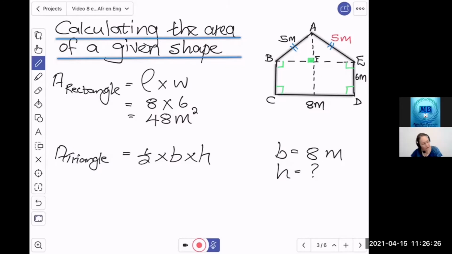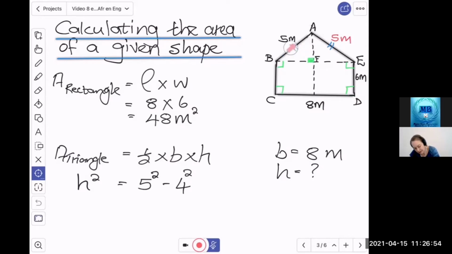So we are going to say that the height squared is equal to the hypotenuse squared minus this adjacent side, which has a length of 4 meters. And why do we say it's 4 meters? If we have a look at this overall triangle, you can see that it is split up into 2 smaller ones.